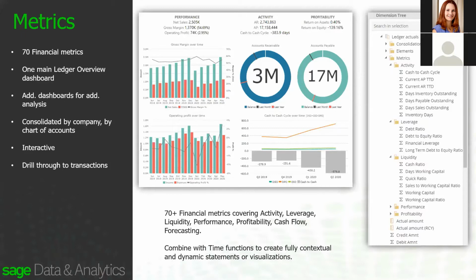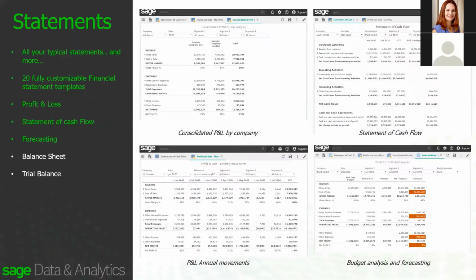And one of the big things that we have been asked repeatedly as we've built up a lot of successful customers around Sage Data and Analytics, specifically for Sage 100 and for Sage 300, is where can we go with the financial statements? So we deliver a number of out-of-the-box pieces of analytical content, some of which are financial statements.